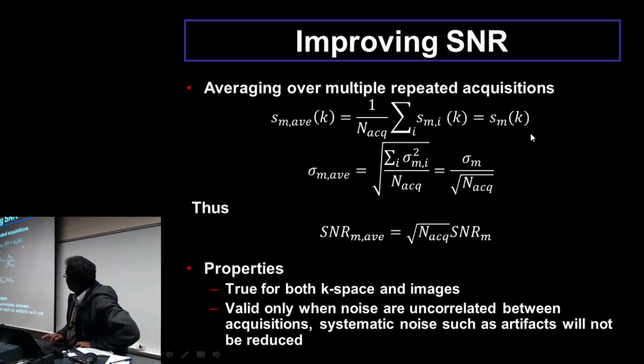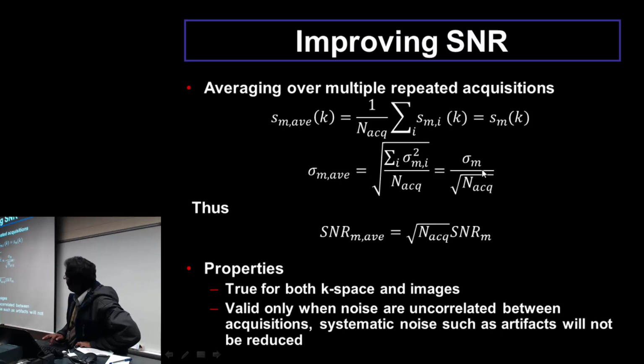If you don't have any noise, that's your ideal signal. And then the noise, of course, you're adding up the variances and dividing by n as well in your averaging process. And if you want the standard deviation, then you take the square root of that.